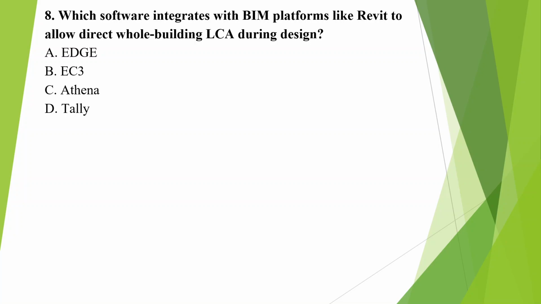Both Tally and One Click LCA will be the correct answer for this particular question, but One Click LCA was not mentioned, so only Tally is the correct answer. This Tally is a Revit plug-in that enables detailed whole building life cycle assessment directly within the BIM platform. Is it clear now to all of you?